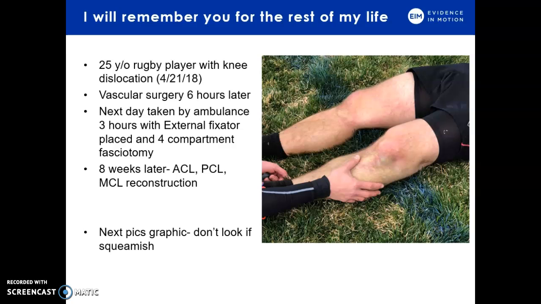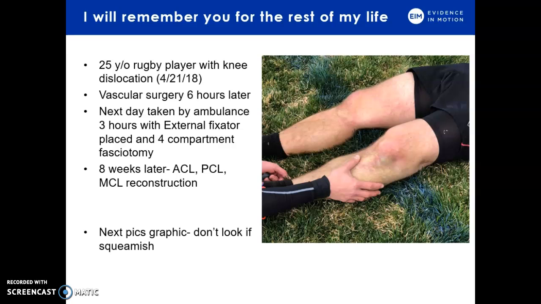And at that point, it hit me like a ton of bricks, going, holy cow, I need to step up my game. After this happened, he had vascular surgery 6 hours later. The next day, he was taken by ambulance 3 hours away, where an external fixator was placed, and he had a 4-compartment fasciotomy. 8 weeks later, he had ACL, PCL, and MCL reconstruction, at which point is when I started seeing him.